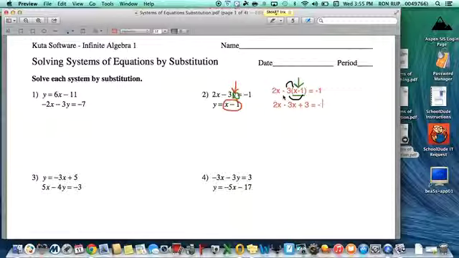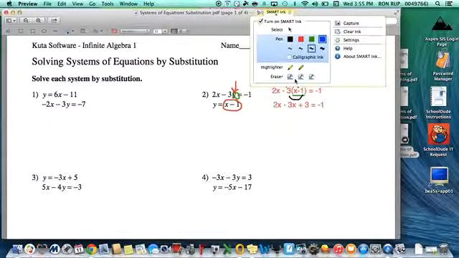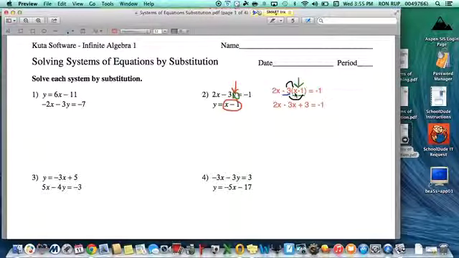Well, negative 3 times x is negative 3x. Negative 3 times negative 1 is positive 3. So that's how the distribution works out.